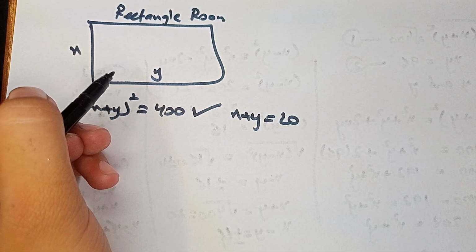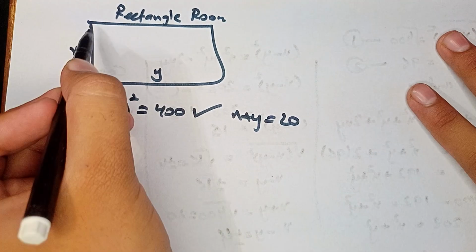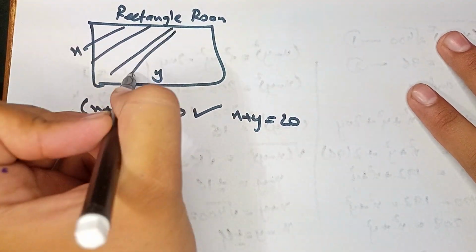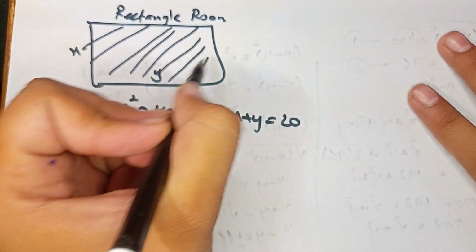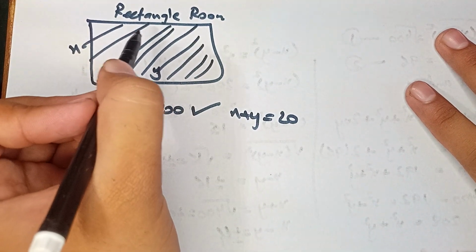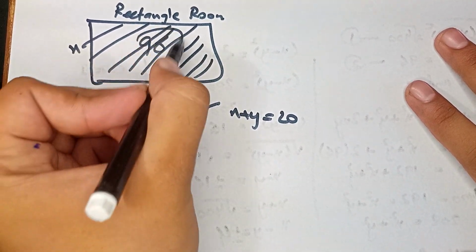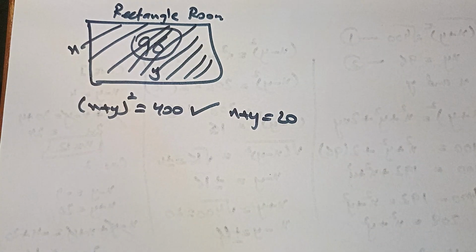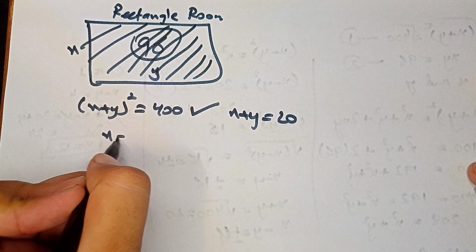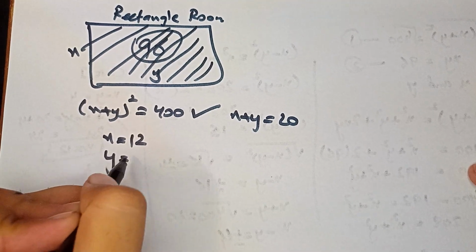Then the floor area, this is the area of our room, and this should be 96 square meters. So we have to plan this value, and there are two dimensions, one is 12 meters and the second one is 8 meters.